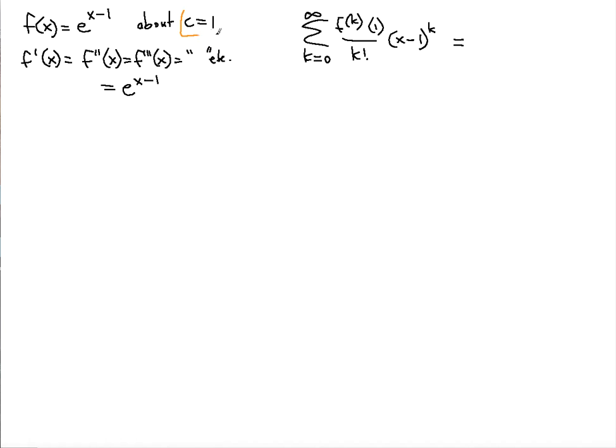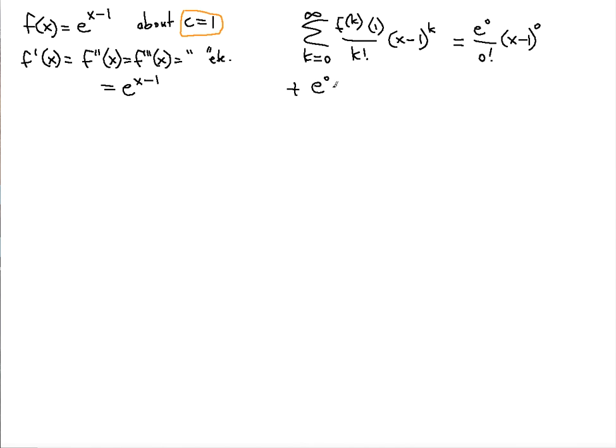I'm going to circle this so that we're always seeing it. 1 minus 1 is 0, so the function value at 1 is e to the 0 divided by 0 factorial times x minus 1 to the 0, plus, and notice that e to the 0 will always be there because the derivatives are all the same function, just like the given function e to the x.